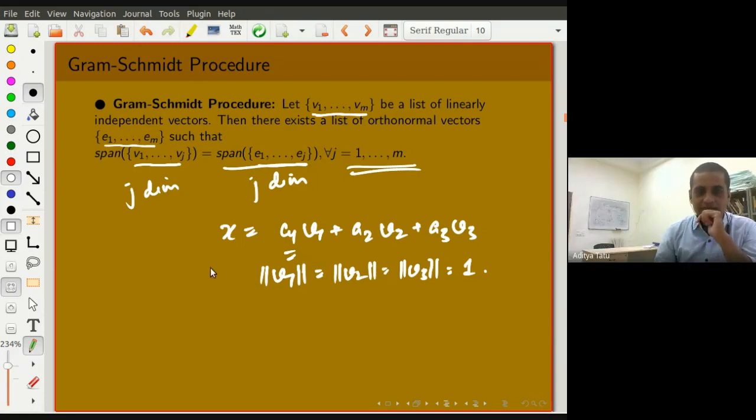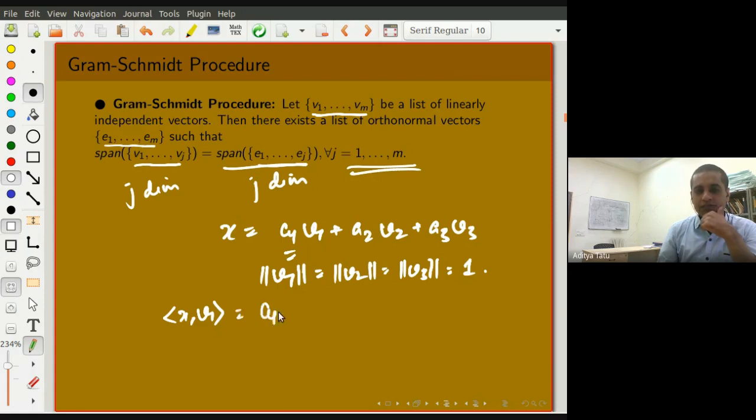Good. Yes. So if I want to represent a vector X in terms of its basis, let's call the basis V1, V2, V3, I need to find these coefficients. How do I find these coefficients, as far as an inner product space is concerned? What I can do is take the inner product of X with V1.